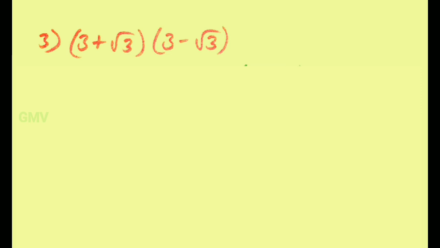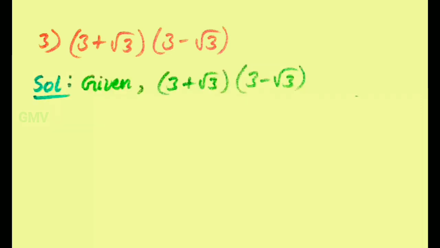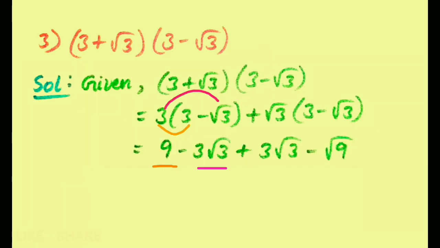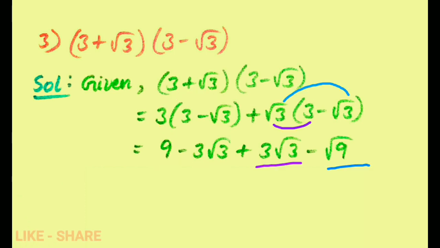In the solution, take the given as it is. Now 3 into 3 minus root 3 plus root 3 into 3 minus root 3. 3 threes are 9, plus into minus is minus, 3 into root 3 is 3 root 3, plus into plus is plus, root 3 into 3 is again 3 root 3, plus into minus is minus.